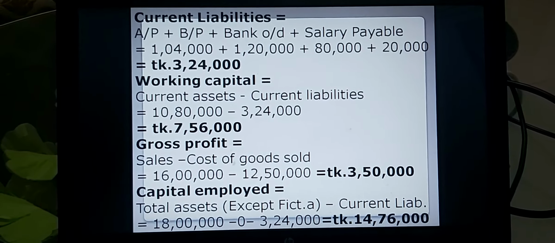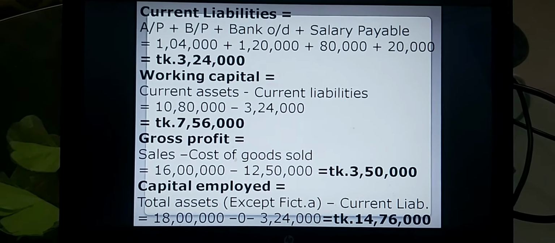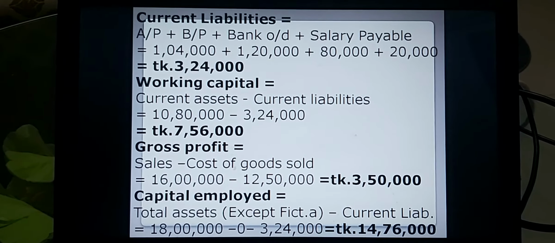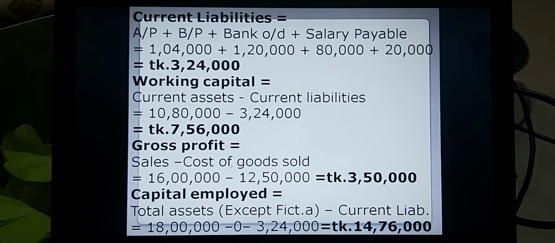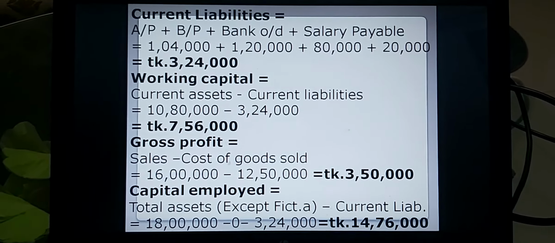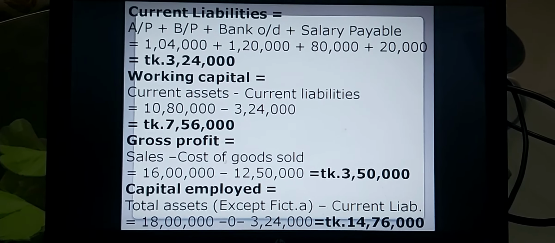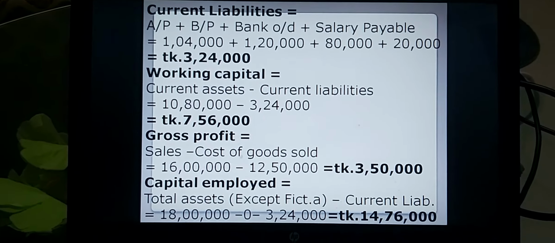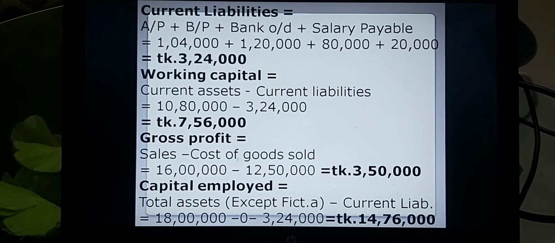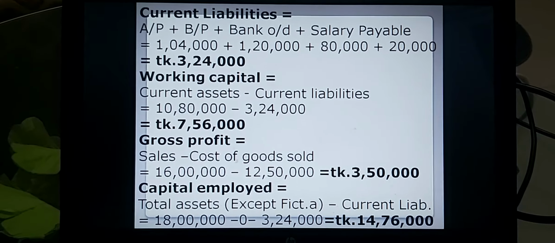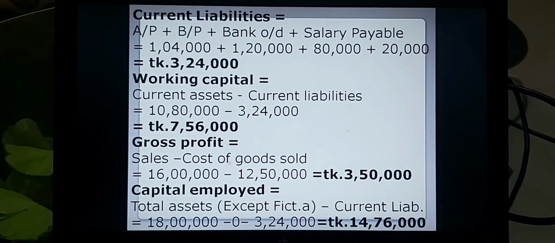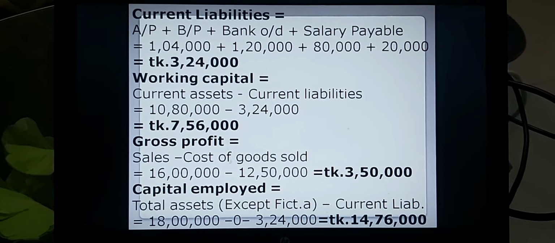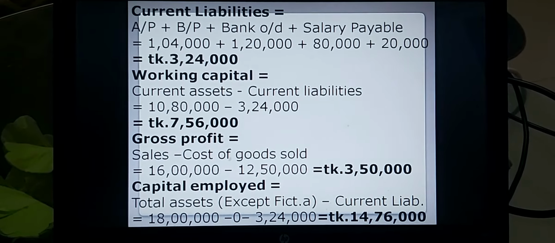But in this formula, there is another point: except fictitious assets. Fictitious assets means underwriter's commission, business transfer cost, research cost of new product, company registration fee, preliminary expenses, etc. But in this stem, no fictitious assets are available, so the amount is 0 for fictitious assets.